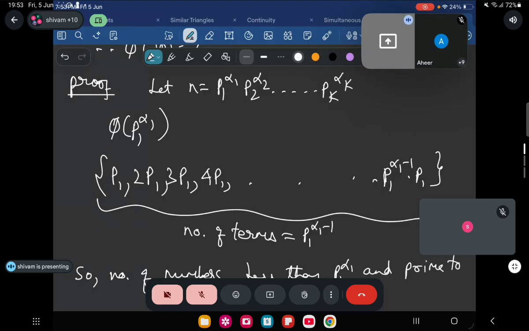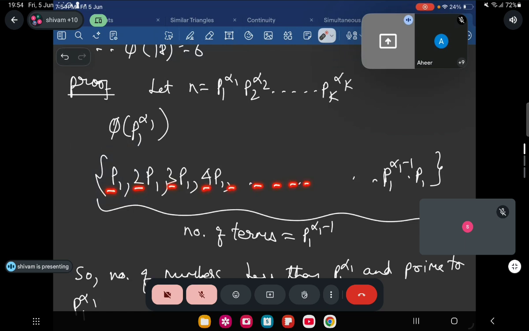Yes, Aviraj, tell me, what are you saying? How did you find that the number of terms is equal to p1 to the power alpha 1 minus 1? This is 1p1, 2p1, 3p1, 4, 5, 6, 7, 8, 9, 10, 11p1, 12p1, dot dot dot up to p1 to the power alpha 1 minus 1 into p1. So there are a total of p1 to the power alpha 1 minus 1 terms. Are you getting it?